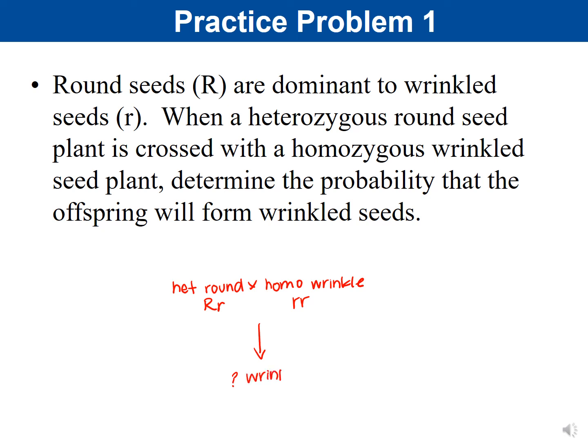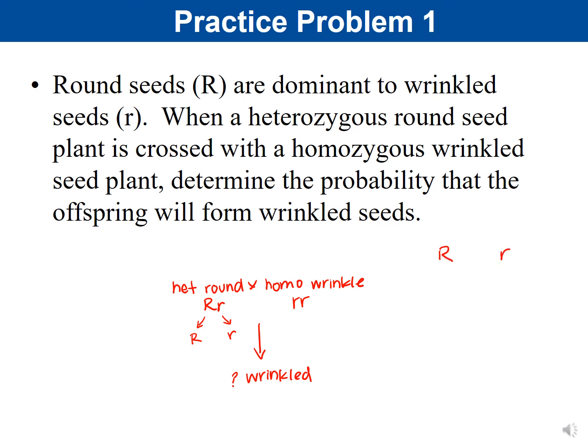So this is how I solve these types of problems. I write out what I'm looking for. All right, so now, parent number 1. The types of gametes could be big R or little r. Those are the gametes that first parent could produce, so in my Punnett square I have big R, little r.